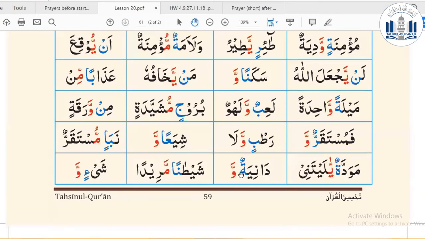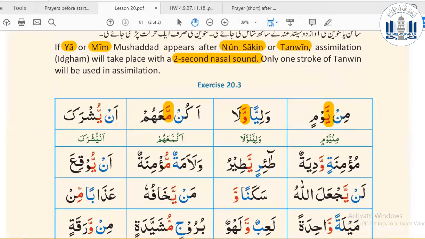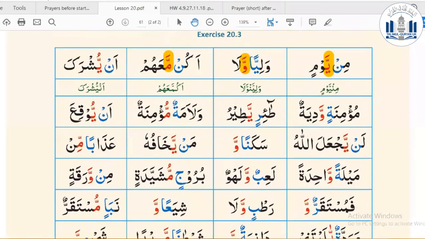So why do we produce a nasal sound? Can you remember? Let's go back to our rules. Can you remember why the nasal sound is produced? If ya or waw mushaddad appears after noon sakin or tanween, idgham will take place with a 2-second nasal sound.